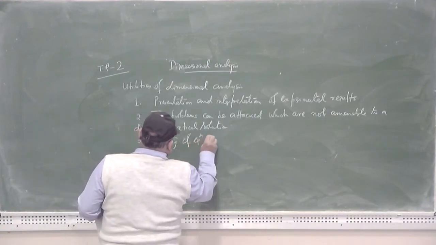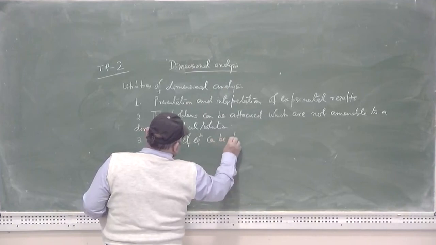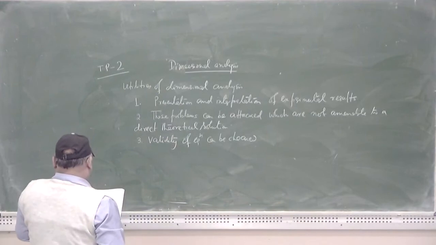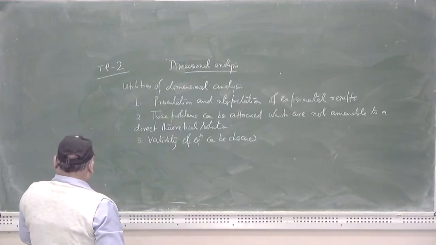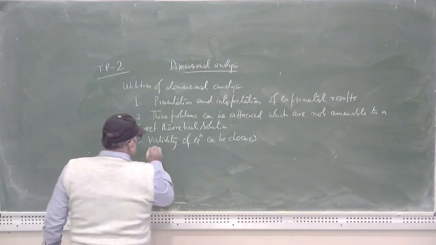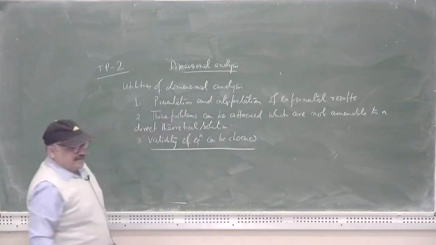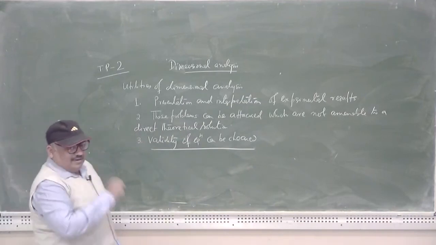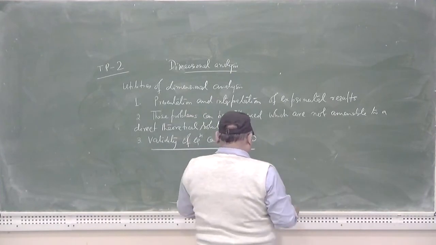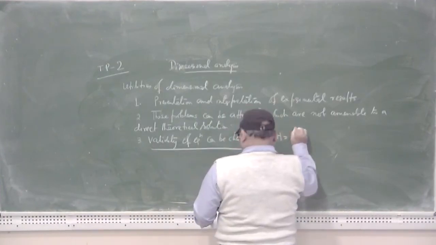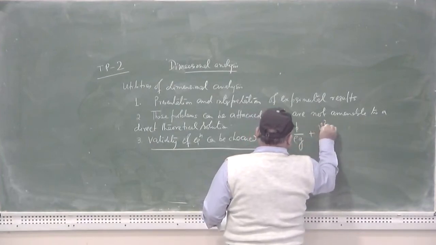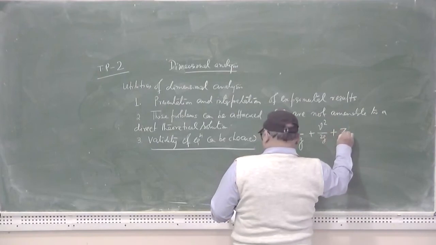Okay. The third one is the validity of the equation can be checked. Let us elaborate this term. I have written some time ago one equation that H is equal to P upon rho g plus V square by 2g plus z.